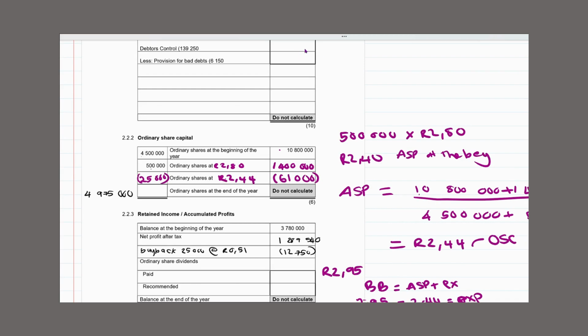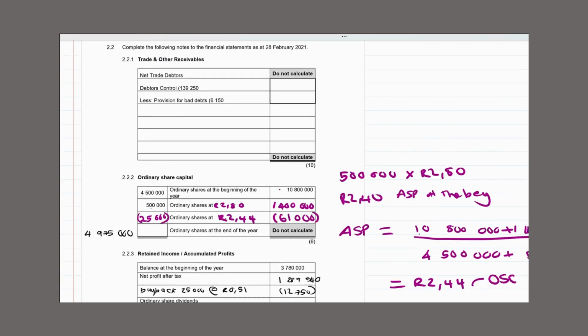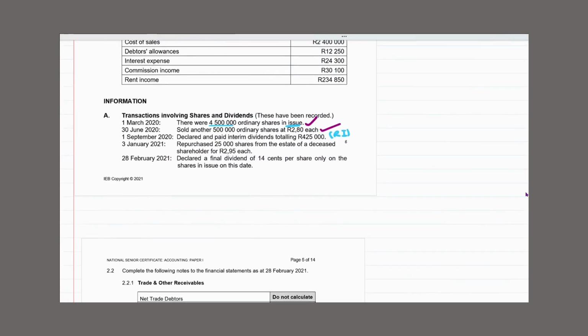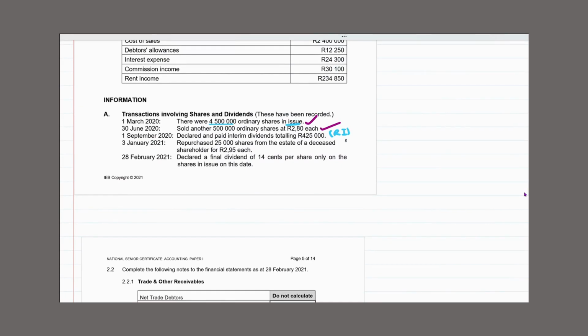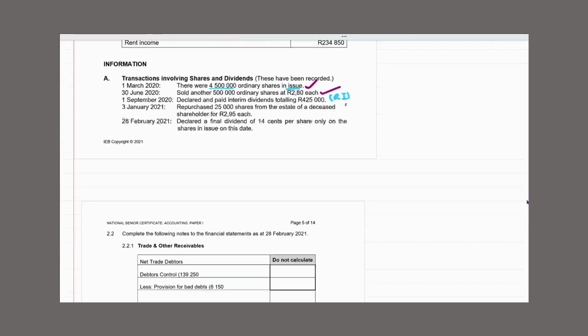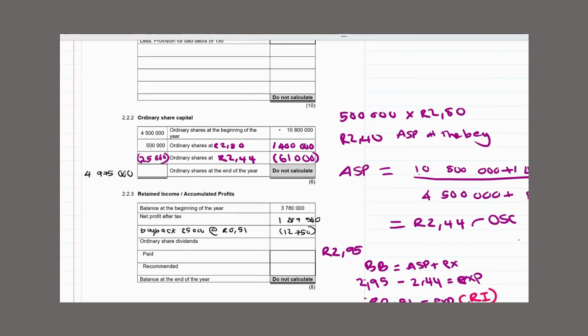Then with our ordinary shares, we were given the first part, which is on the 1st of December we had a paid of 425,000, so that'll get into here, 425,000, and we want to know what the recommended is. They told us that the recommended is at 14 cents of the ordinary share capital at the end.